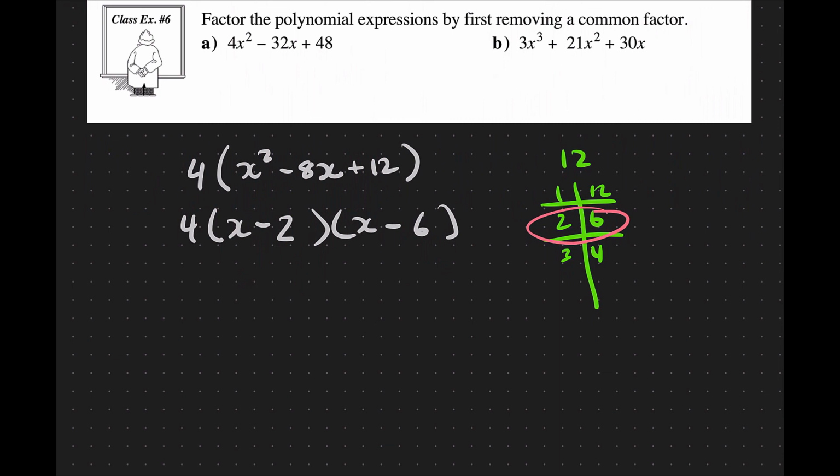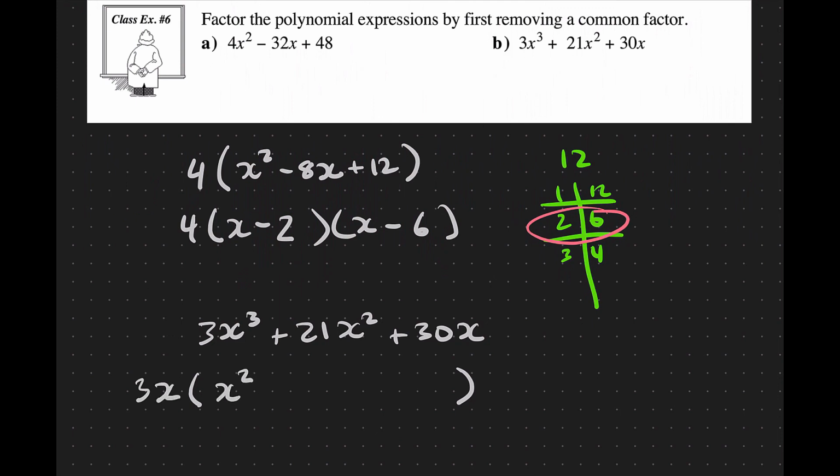So what do we have? We've got 3x cubed plus 21x squared plus 30x. We're going to basically be left with a trinomial, and we're going to pull out, like I said, a 3x, leaving us with an x squared in this position, a positive 7x in that position, and a positive 10 in that position.